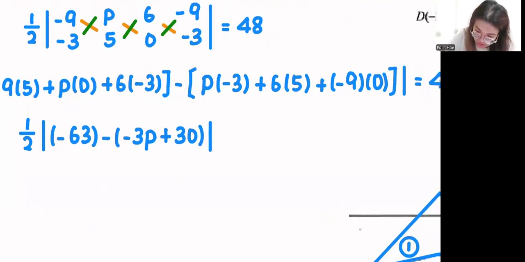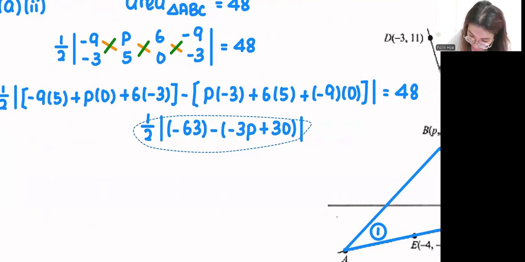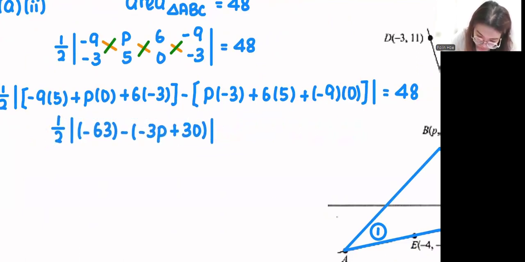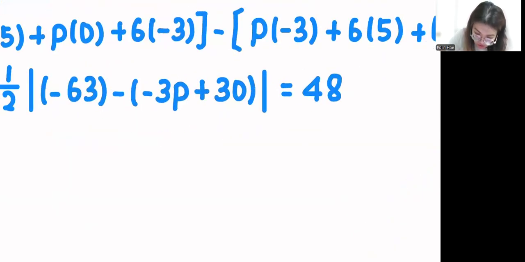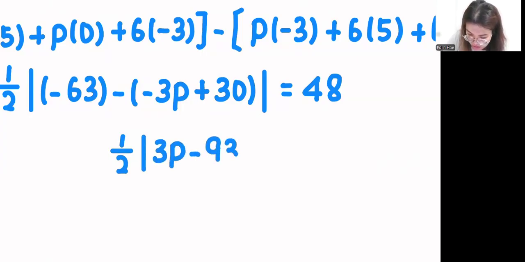Absolute value function equals to 48. Then you settle your algebra. -63 minus 30, I get -93. Negative, positive. 1 over 2, 3p minus 93 equals to 48.